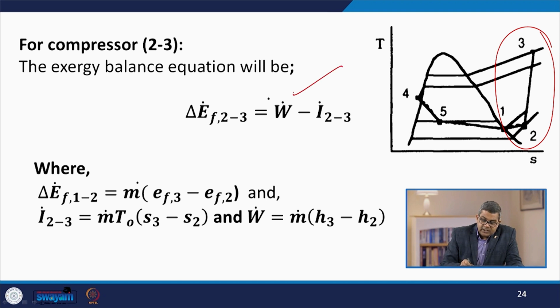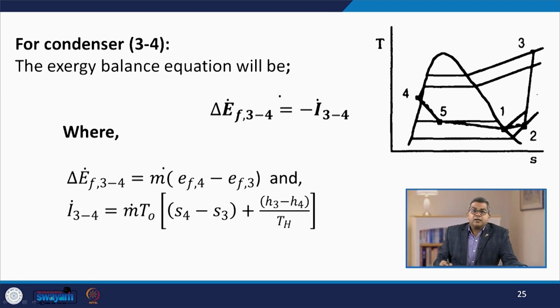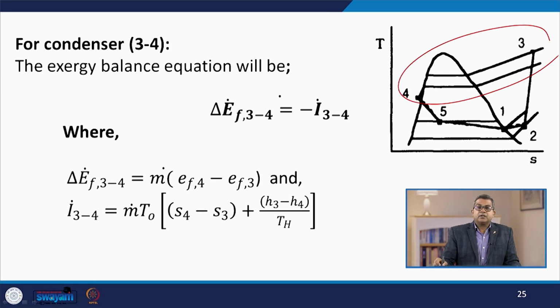The exergy balance equation we can write as delta EF 2 to 3 equals W minus I 2 to 3, where delta EF 2 to 3 is equal to m(EF3 minus EF2), and I 2 to 3 is equal to m T0 into (S3 minus S2), and W is equal to m(H3 minus H2).